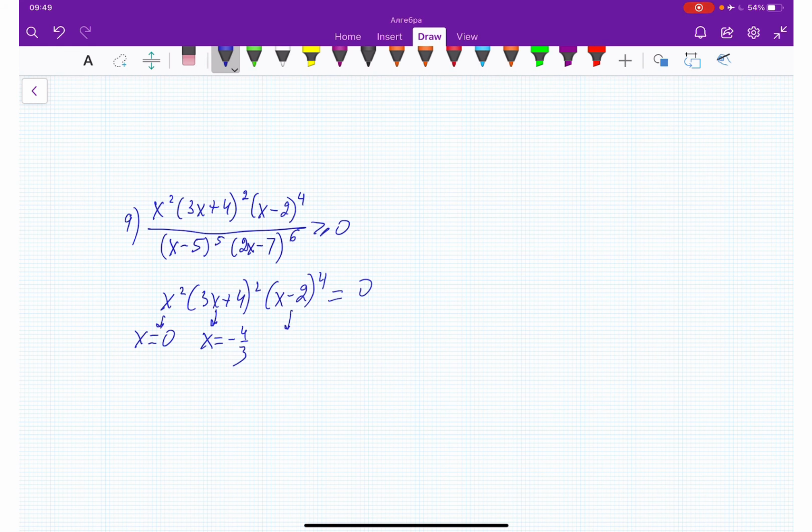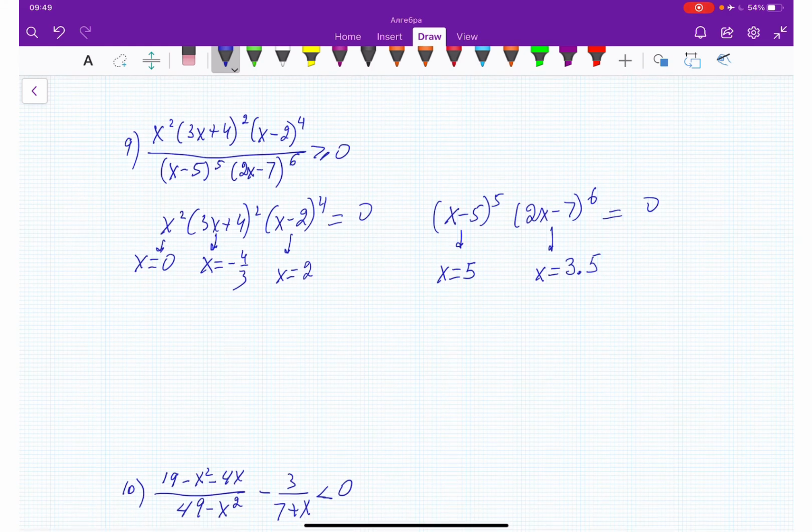And for this one, x is equal positive 2. Next, the denominator: (x minus 5) to power 5, (2x minus 7) to power 6 equals 0. So from here, x is equal positive 5, and here x is going to be equal 3.5.